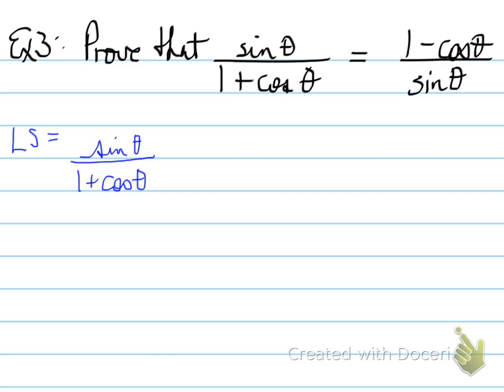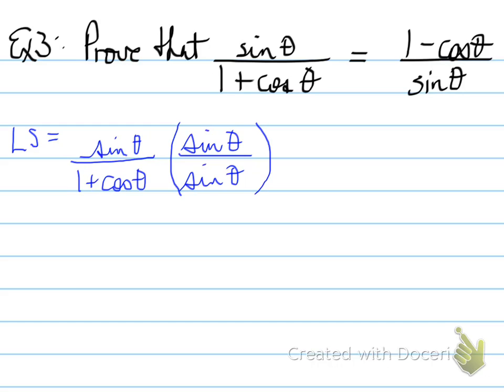So the idea is that anything can be 1 as long as the numerator and the denominator have the same values. So what we're going to make 1 this time is the denominator of the second fraction, so that it's sine theta over sine theta. That sine theta over sine theta is the magic 1 that we're looking for.